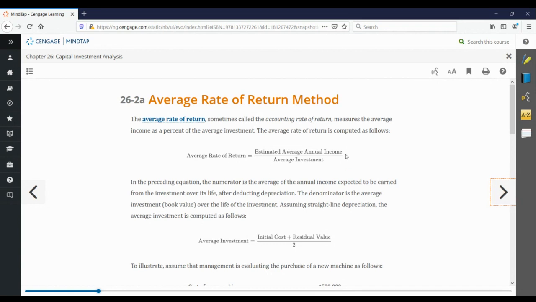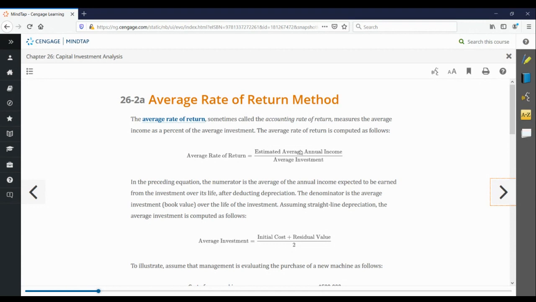So we're going to, as a company, determine what we think the amount of the annual income will be that our asset is going to contribute to us over a period of time.